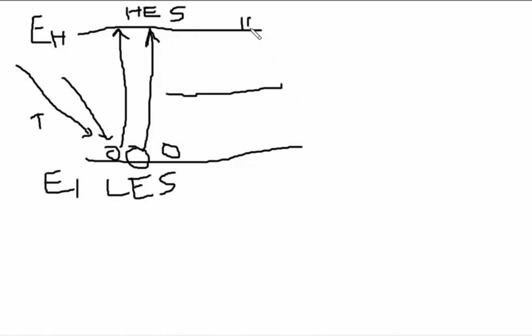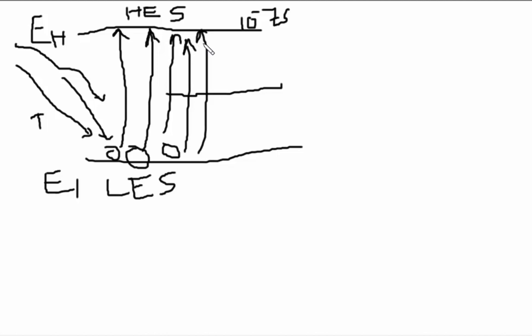It will stay here for a short time, around let's say 10 to the power of minus 7 second. And this happens for a while. Then when the actual radiation is incident, more electrons will go from the lower energy state to the higher energy state. Then they do some recombination work, then jump to another intermediate state, that is called a metastable state.